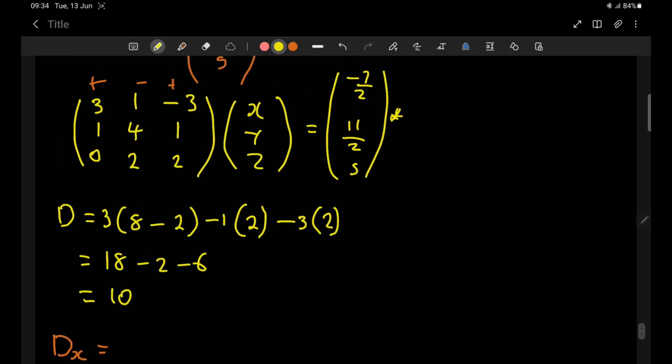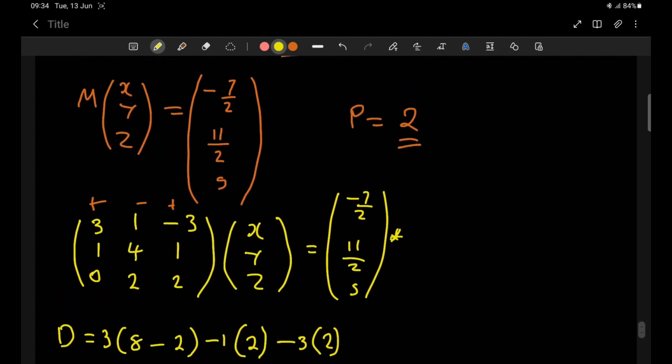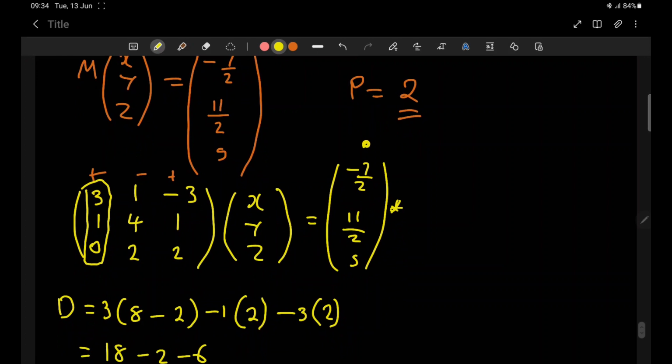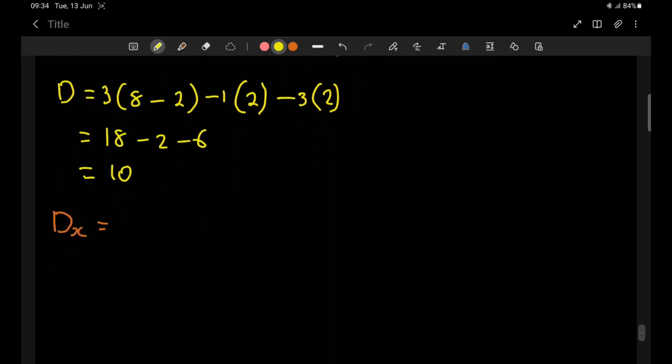Okay, so solving for the first determinant, for x, we replace this whole column with this solution here, and then we find the determinant, which will be our determinant x. So let's do it. For the first column, we replace with negative 7 over 2, 11 over 2, and 5.